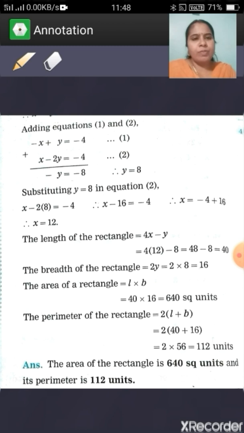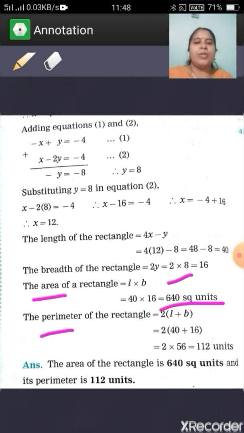Coming to the last part of the question, they are asking us to find the area and the perimeter. Now area is nothing but length into breadth. So substituting the values, we get 40 into 16, that is nothing but 640 square units. Now why square units? I hope you remember the unit of area is always expressed in square units.